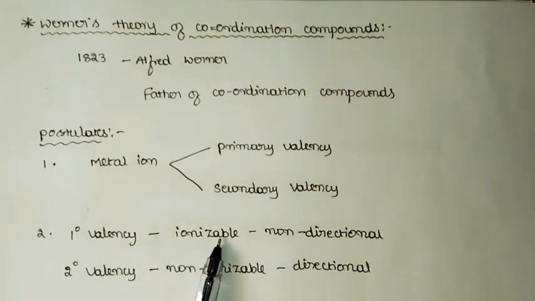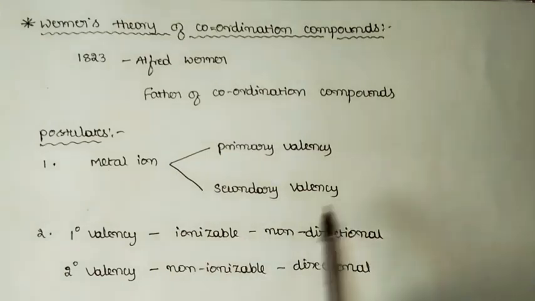As we said, primary valency is ionizable, that means it can be changed, and secondary valency is non-ionizable, it will be fixed.